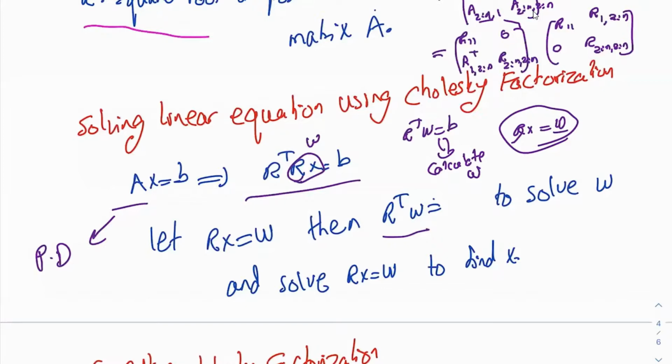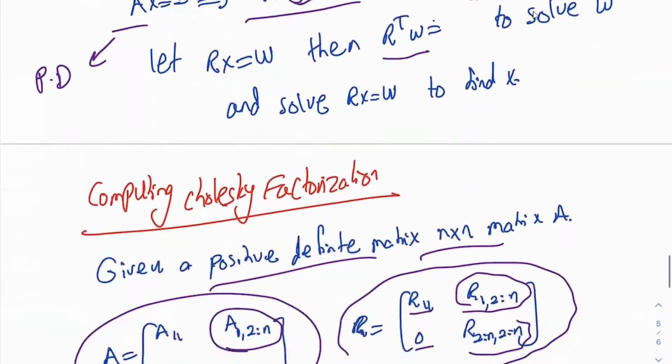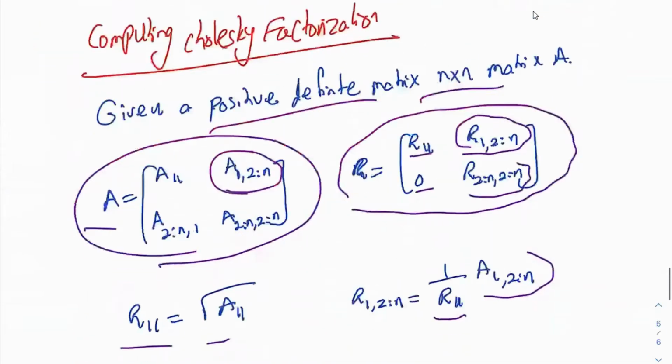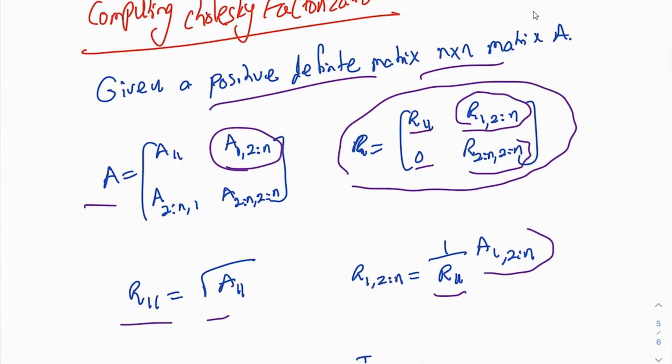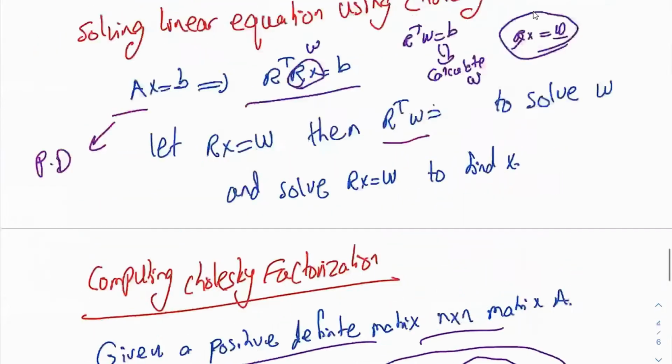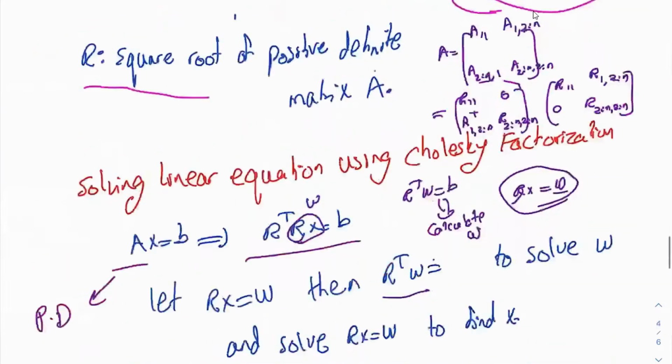Okay. Now let's see how to compute the Cholesky factorization of a matrix. Again, given positive definite matrix A, we can partition A like this, what I showed before multiple times. Then R, as I showed before, can be written like that.